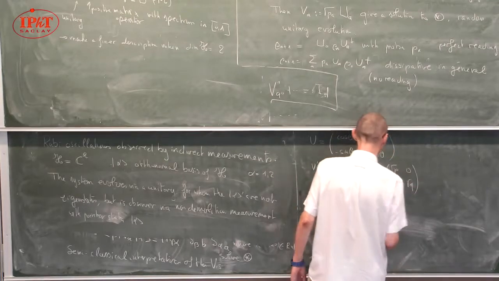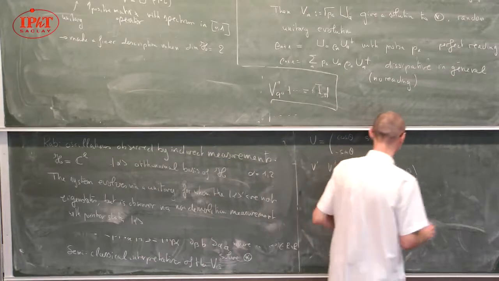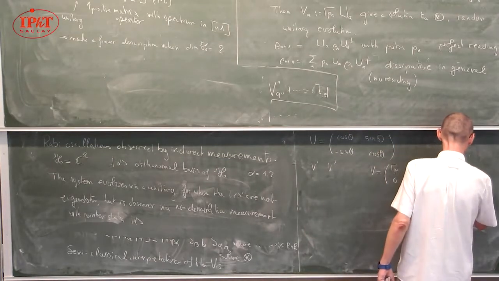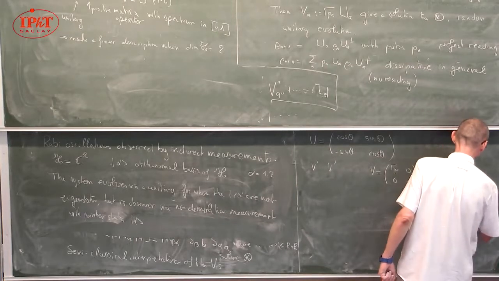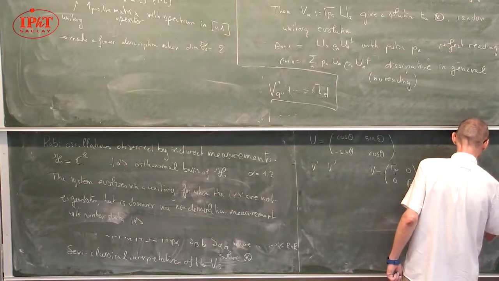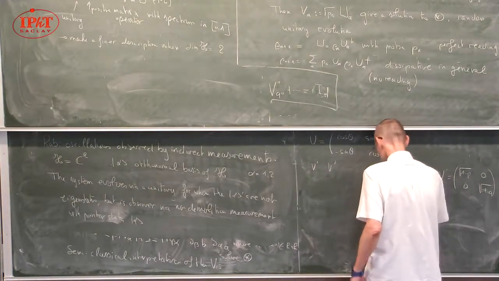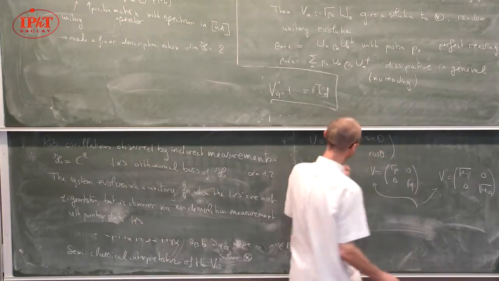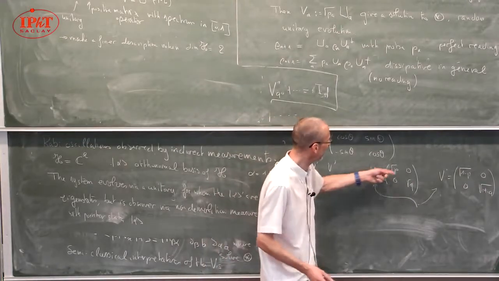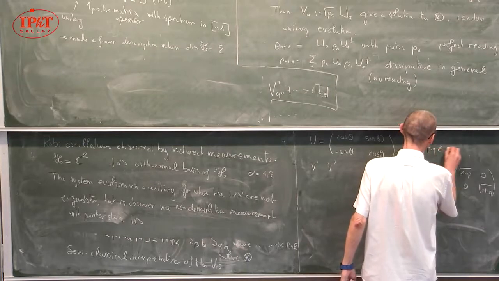V has to be diagonal because we are doing a non-demolition measurement in the basis alpha. And V prime is simply equal to the diagonal matrix with square root of 1 minus p, square root of 1 minus q. We could also include phases, but just to simplify, I take these two, with p and q in the interval [0,1].